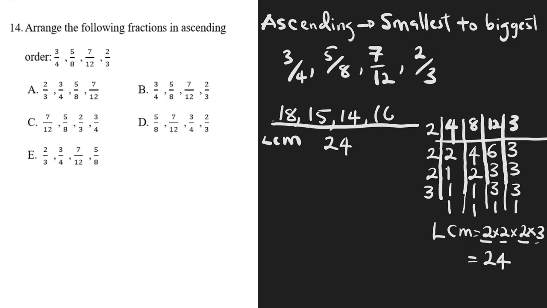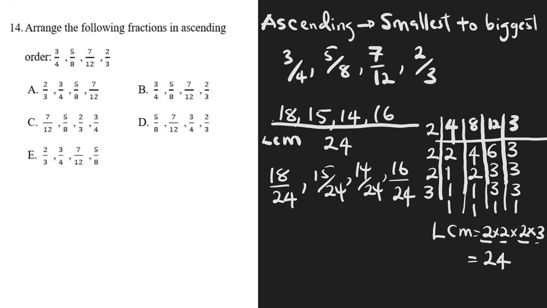So write 16. So down here, we're going to write all these numbers as the numerator, and this one will be the common denominator to all of them. So we have 18 over 24, comma, 15 over 24, comma, 14 over 24, comma, and 16 over 24.